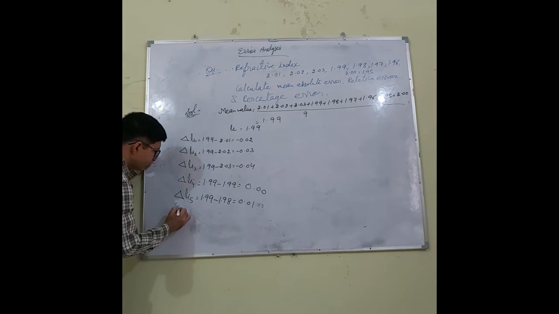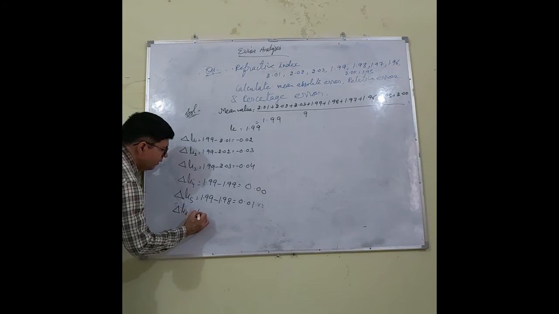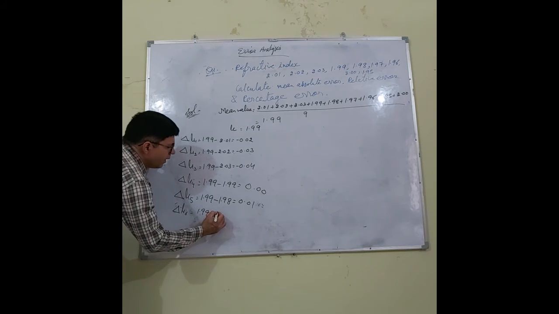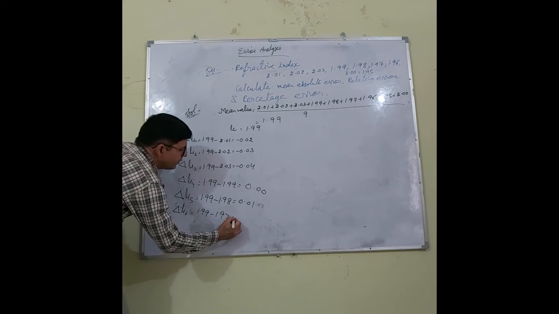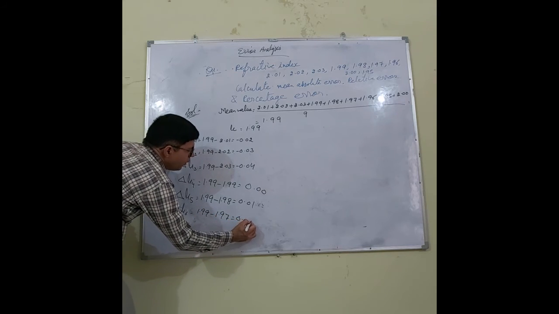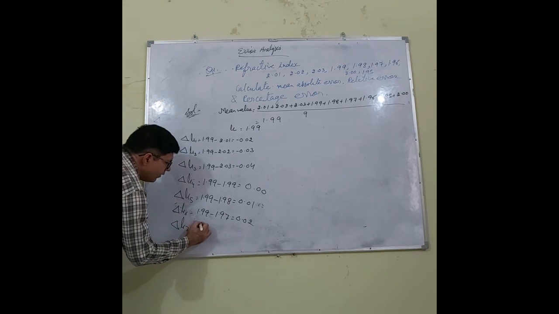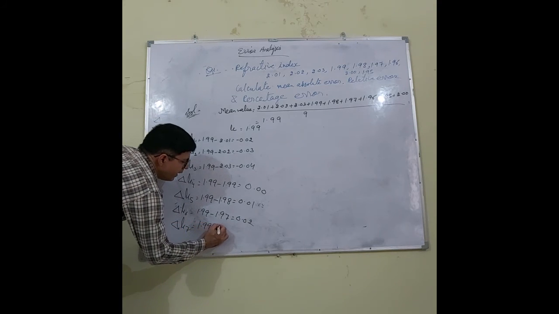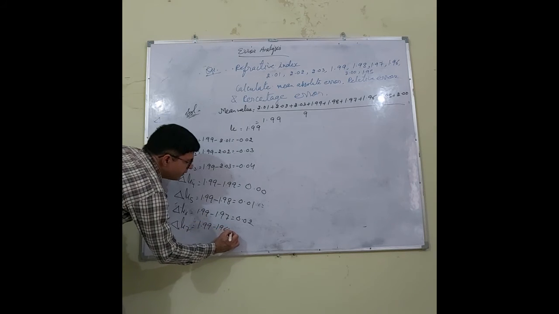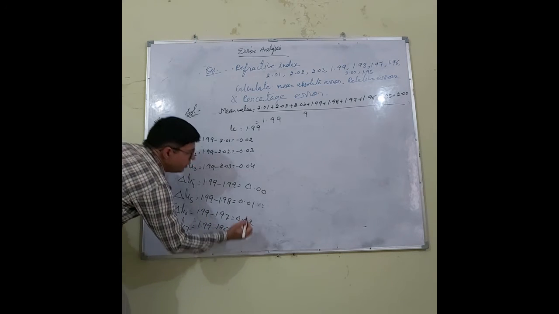And in the sixth one, 1.99 minus 1.97 is 0.02. In the seventh value, 1.99 minus 1.96 is 0.03.